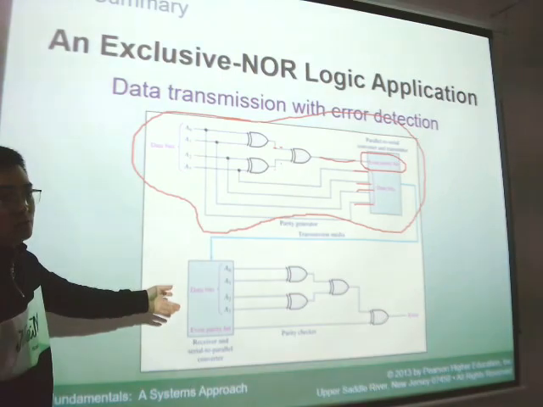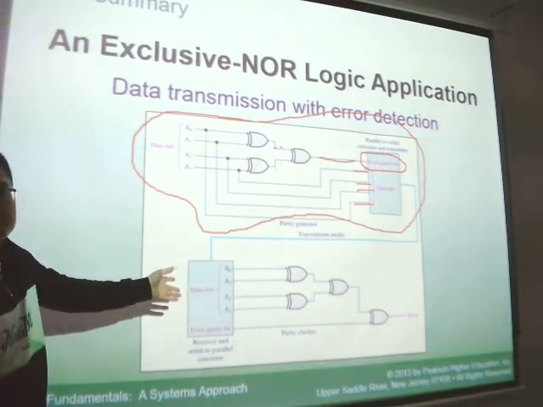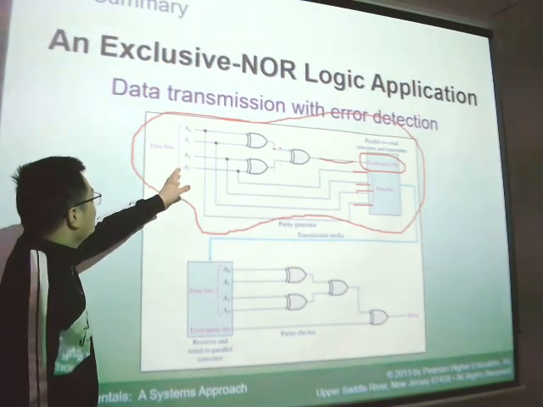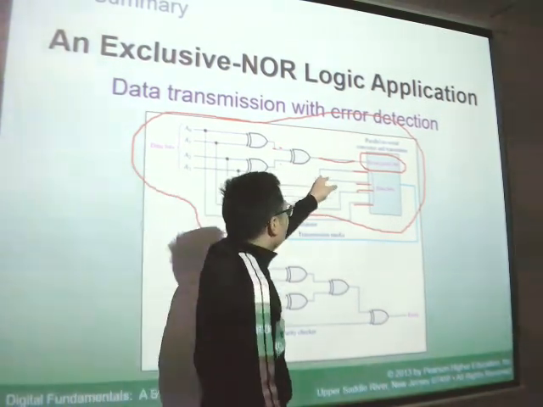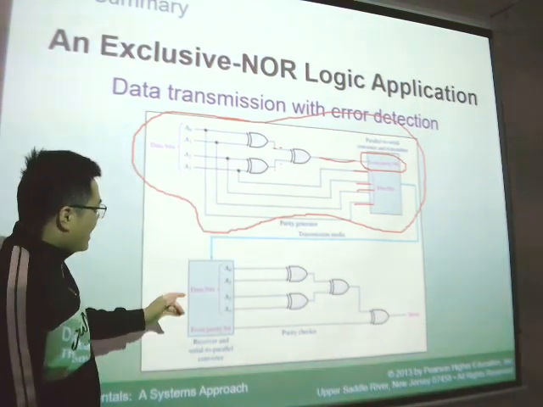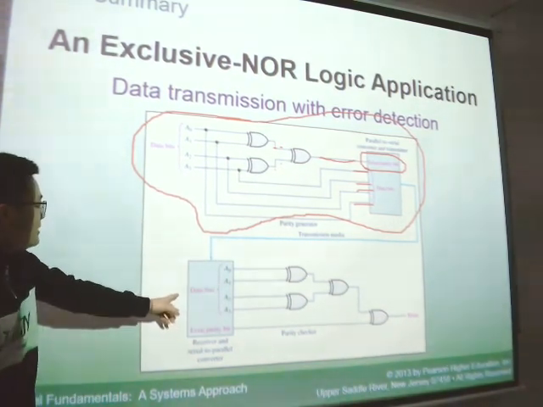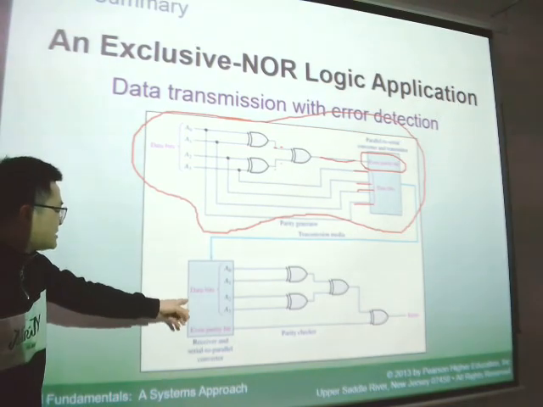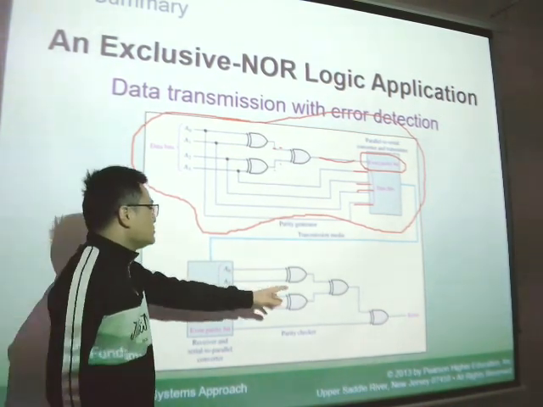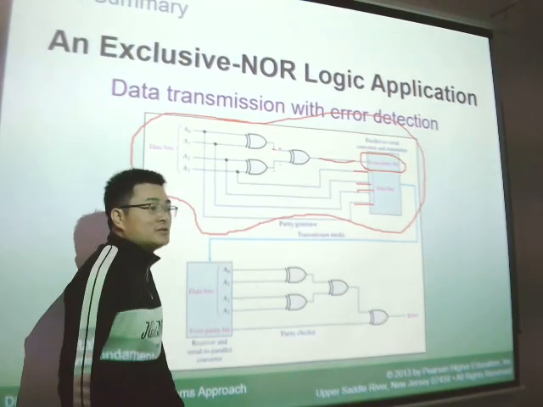Do you understand? Because from the transmitter, the output of the even parity bit is 1. And on the receiver, the output of the parity bit is 0.